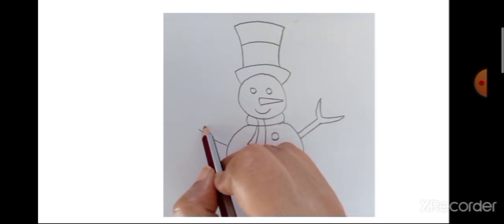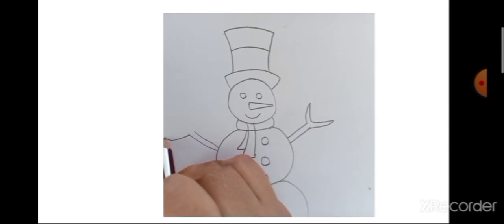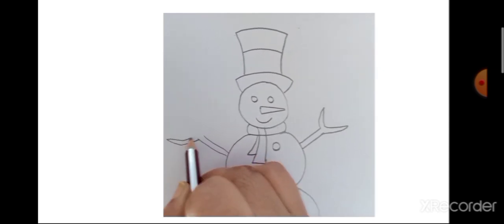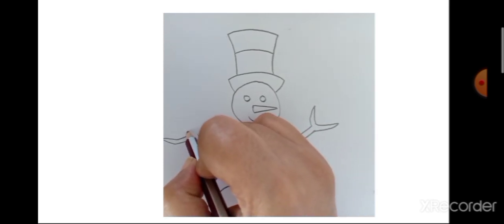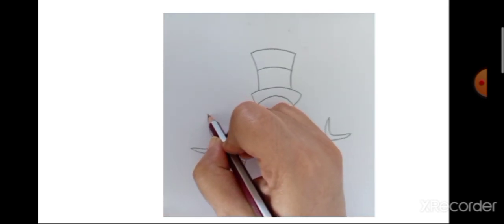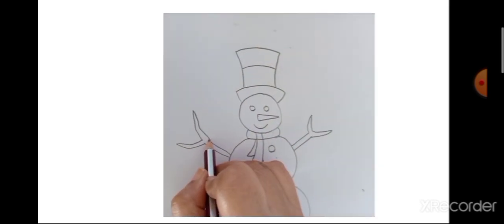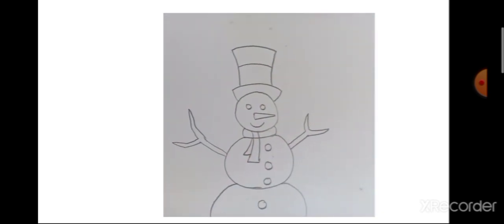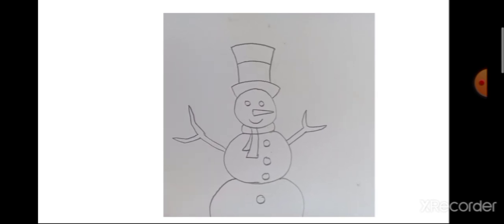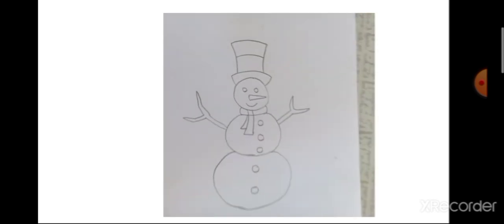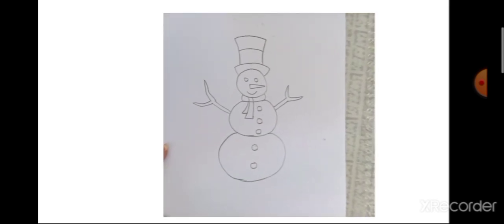So what are we drawing here? Arms of a snowman. Okay?